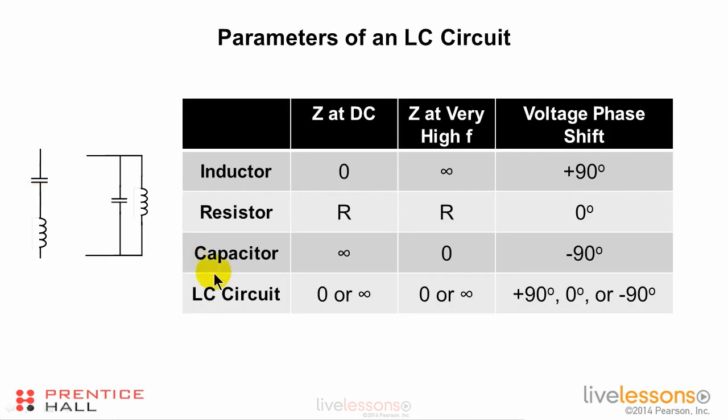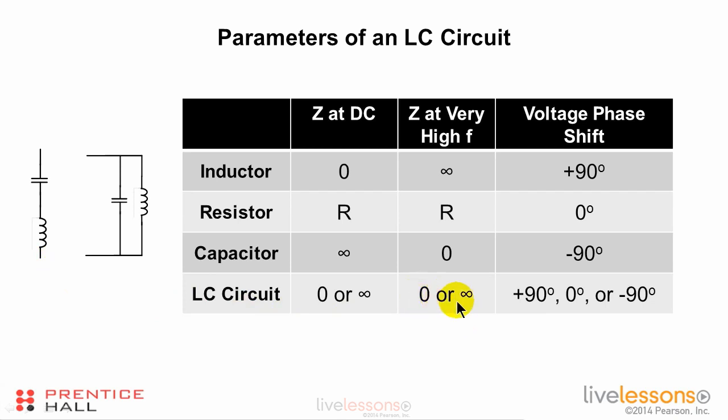Now, if we bring an LC circuit into this relationship that we looked at a couple of minutes ago, whether it's a series LC circuit or a parallel LC circuit, what we add here is that the impedance at DC of an LC circuit is either 0 or infinity, depending on whether we're talking about a parallel or a series LC circuit.